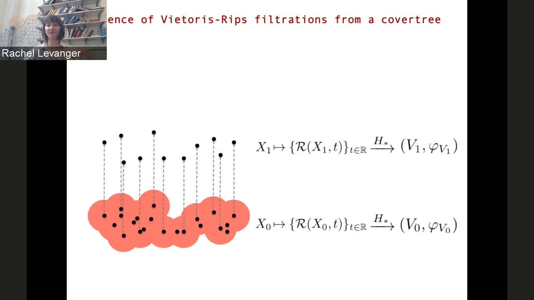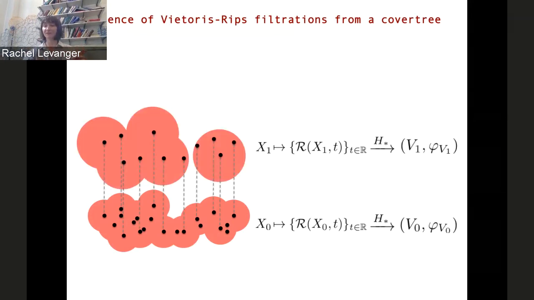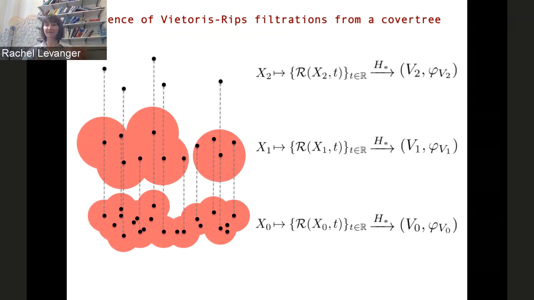And now I can look at a first approximation persistence module from this subsample. I can play the game again, inflate it by a larger radius, and then take a representative subsample from that set, apply homology to that second level approximation, and I end up with this sequence of persistence modules at coarser and coarser resolutions sampled from my point cloud.